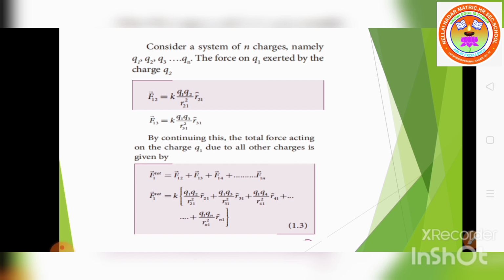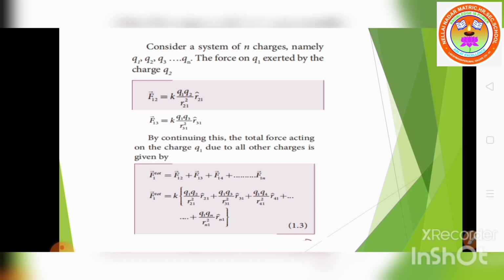So F1 vector total is equal to F12 vector plus F13 vector plus F14 vector plus etc., and the last one, F1n vector.